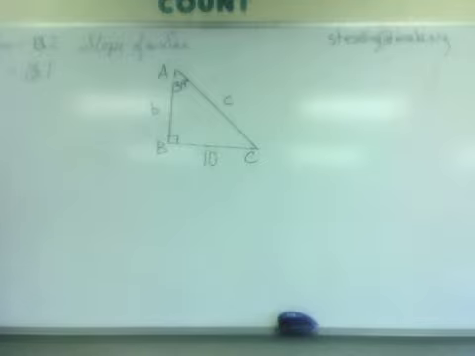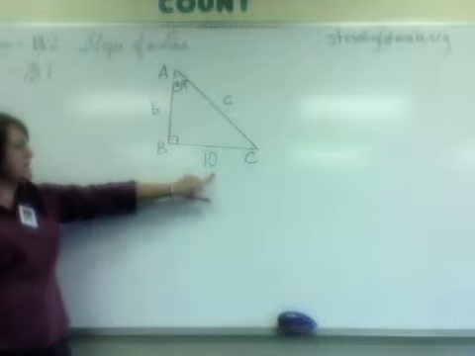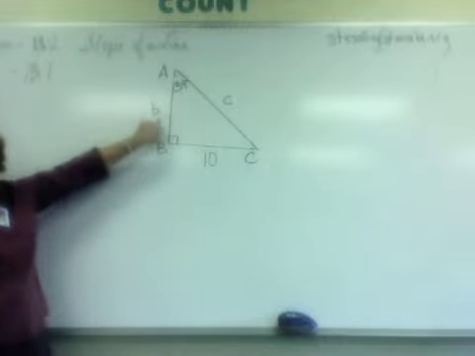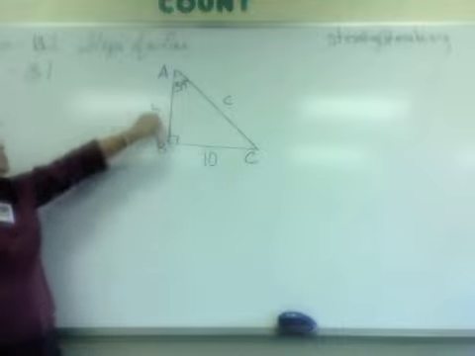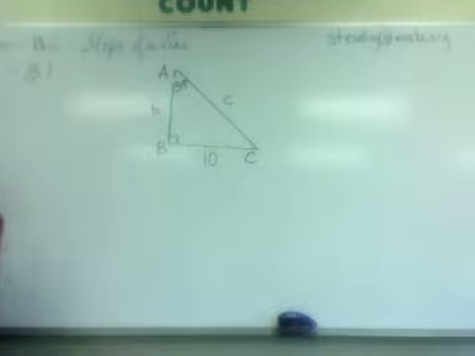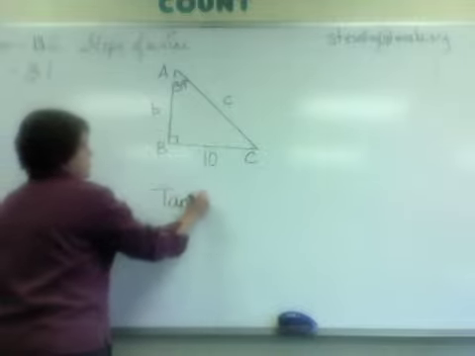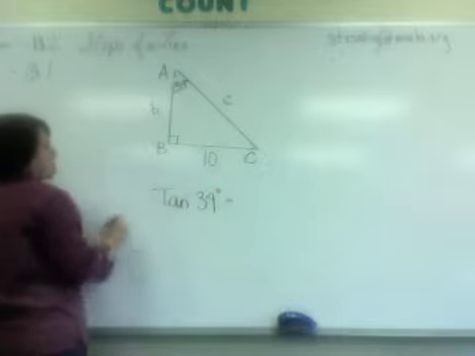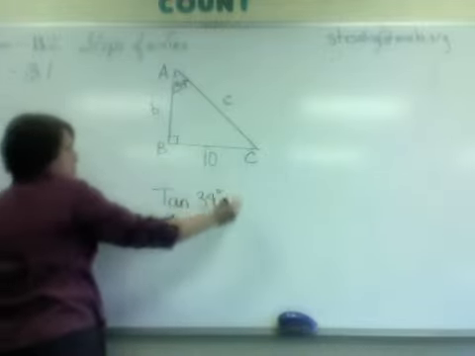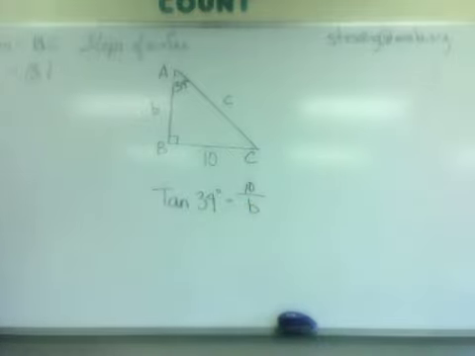So in finding b, we are going to look at 34, 10, and b. What function will deal with this angle and these two legs? Tangent. So the tangent of 34 degrees is equal to the opposite over the adjacent. Okay, now I'm going to show you a shortcut. Well, I'm going to show you the long way, but then once you get to this point, you'll be able to know.